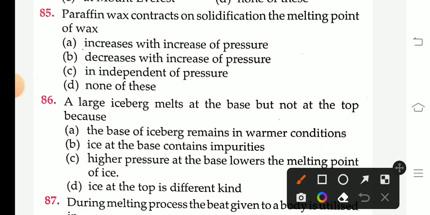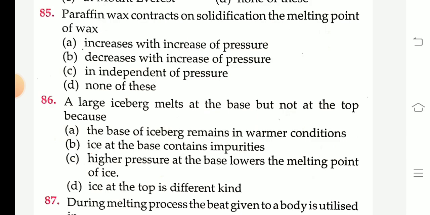Right answer will be option A. Increases with increase of pressure. Next, a large iceberg melts at the base but not at the top because. Right answer will be option C. Higher pressure at the base lowers the melting point of ice.